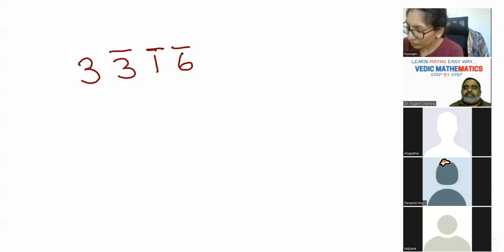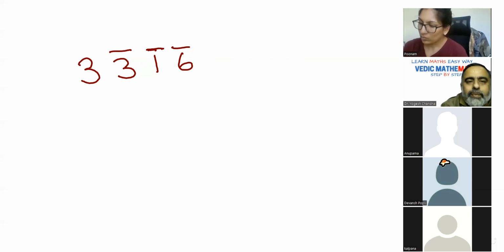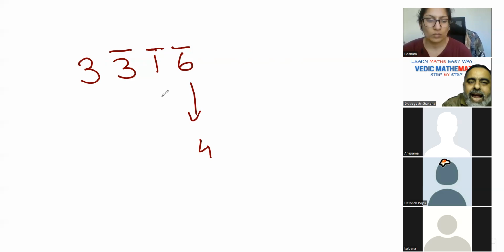ओके. सर 2684. Yes, Devansh. So I got 2794. How? 6 bar means 4. Yeah. 1 bar means add 9, so 8 आएगा. 9 minus 1 कितना हुआ?